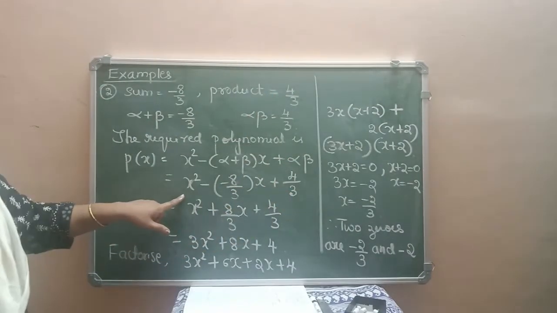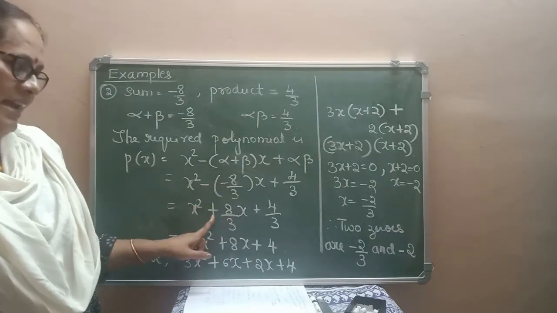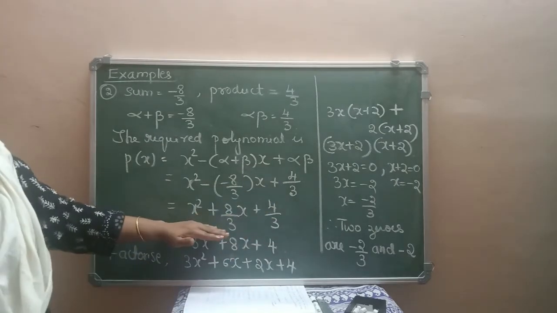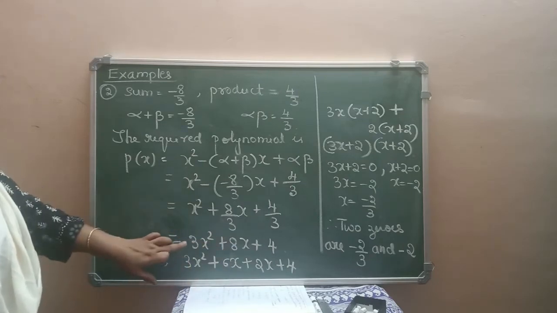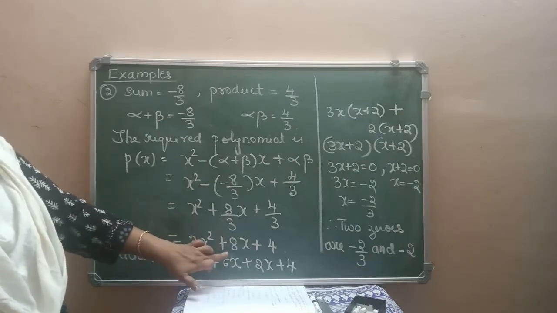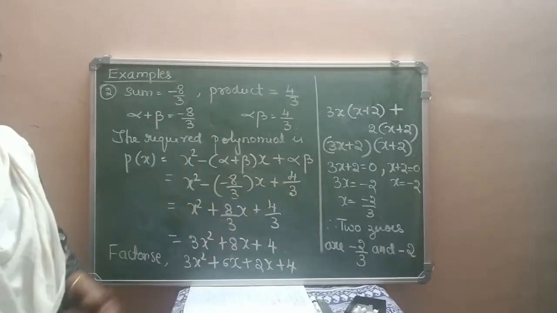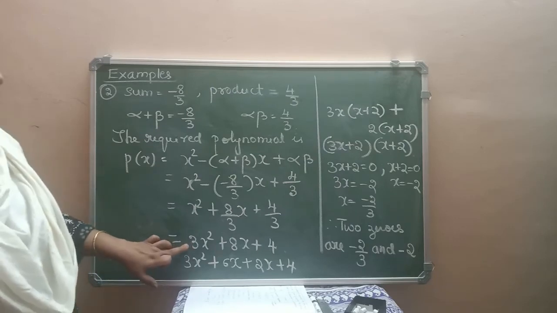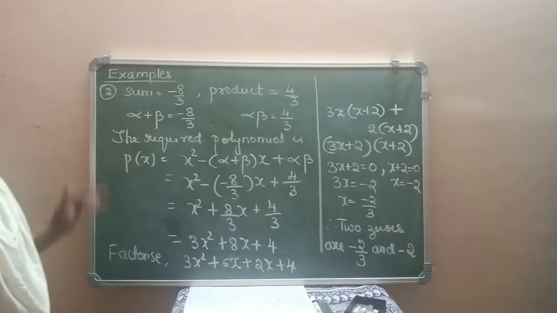So the required polynomial is x square minus into minus plus 8 by 3x plus 4 by 3. You can write it like this also, or with further simplification, 3x square plus 8x plus 4. So P of x equals 3x square plus 8x plus 4 is the required polynomial.